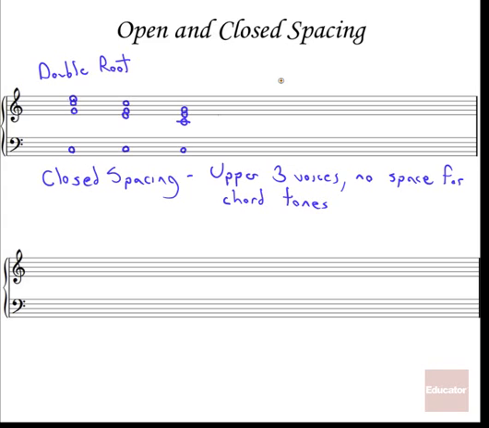And so now let's look at open spacings. As you may guess, in an open spacing between the upper three voices, there is space.